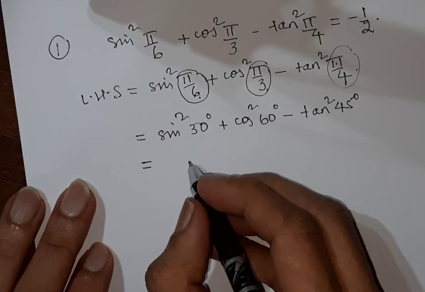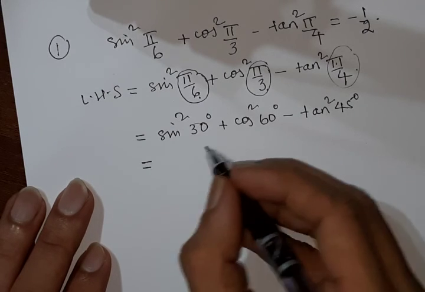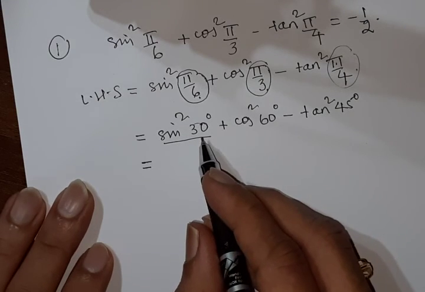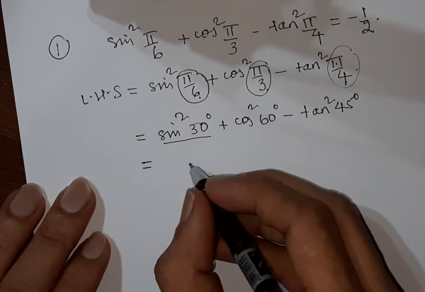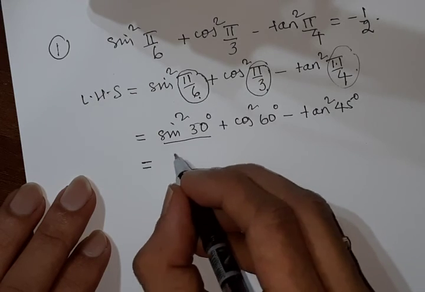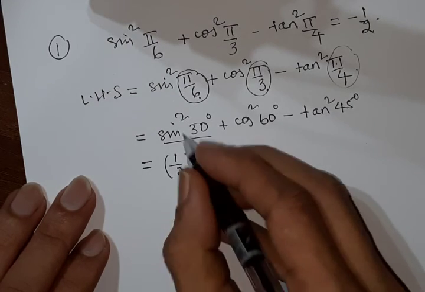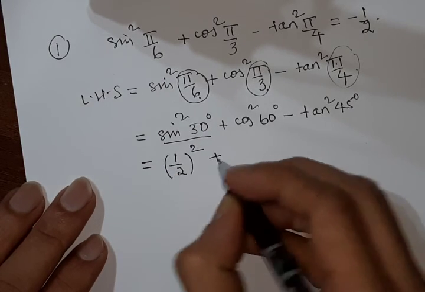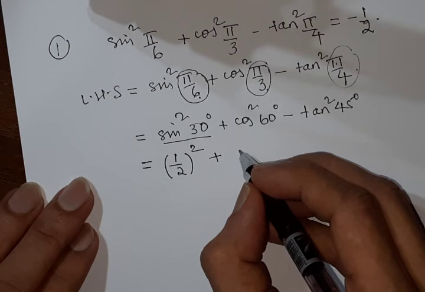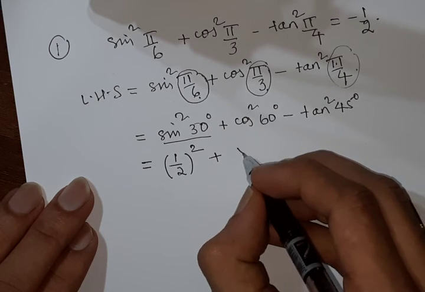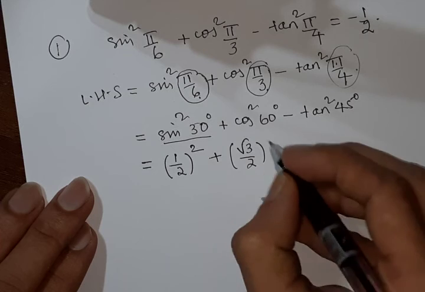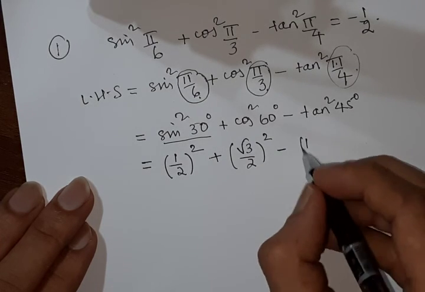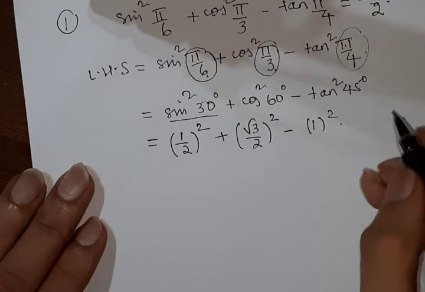So what this will be? Sin 30 is half, the whole square, because sin square was there. So (1/2)² plus cos 60 is what? It is root 3 by 2. So (√3/2)² minus tan 45 is 1, so 1².